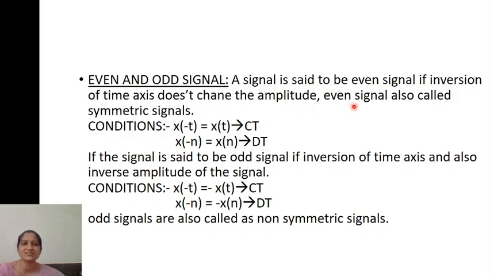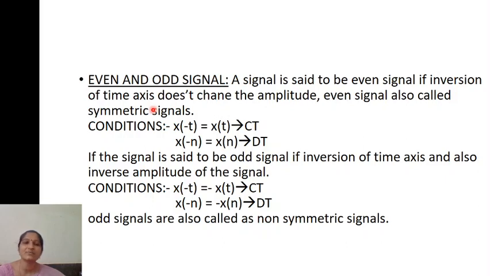Even signals are also called symmetric signals. Suppose x of t is a function which you are taking here. If in place of t, you replace with minus t, and you are getting the same value, then it is called an even signal. If you get minus x of t in place of x of minus t, then it is called an odd signal.